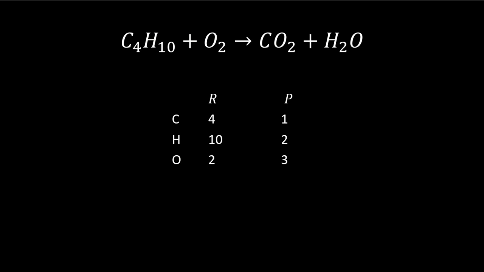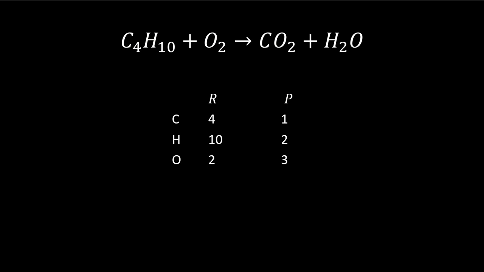Whatever coefficients we have on the reactant side, we are always going to have some multiple of 4 for carbon, some multiple of 10 for hydrogen, and some multiple of 2 for the number of oxygen. That means, specifically, we are always going to have an even number of each of those elements.